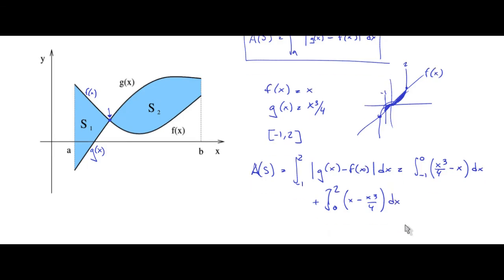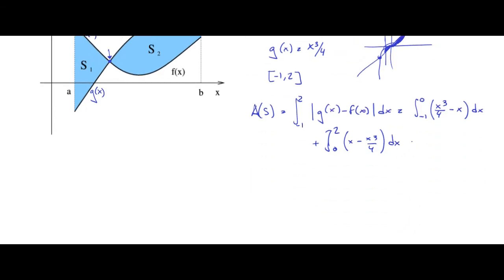The first is x to the 4 over 16 minus x squared over 2, evaluated at 0 and minus 1, and then plus the integral, let me put some brackets here, of x squared over 2 minus x to the 4 over 16, again evaluated at 2 and 0.